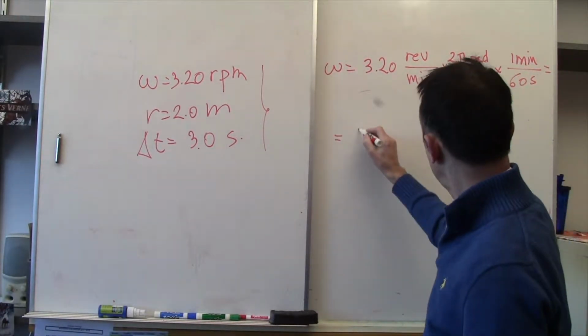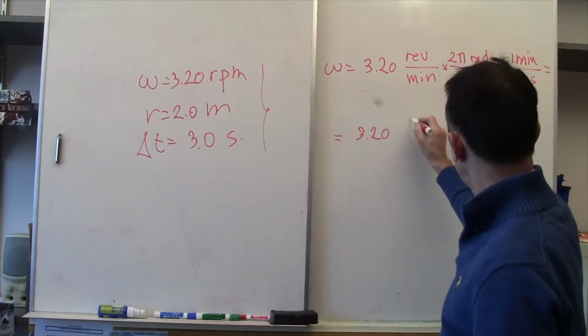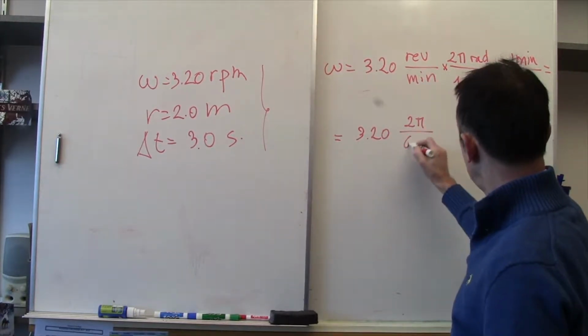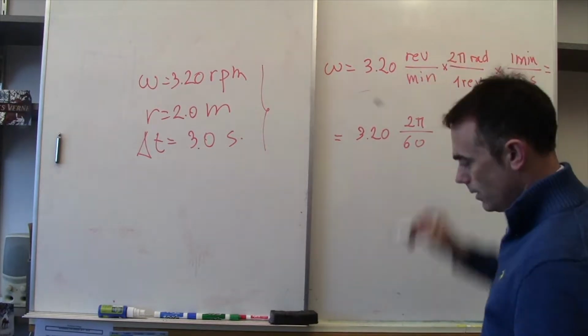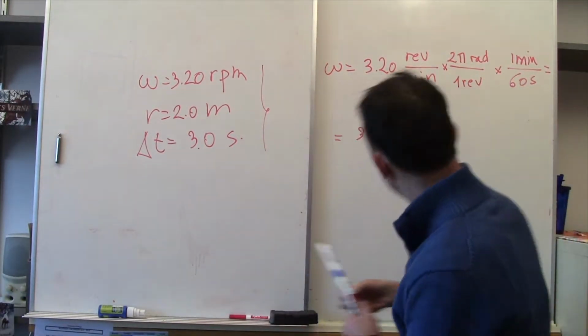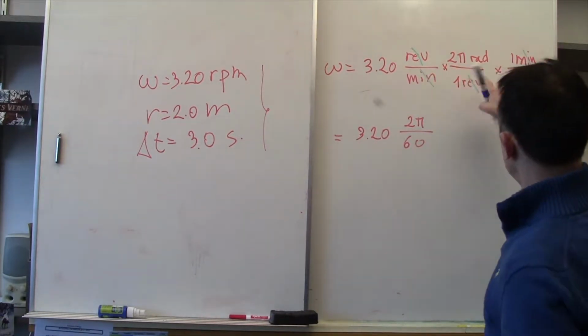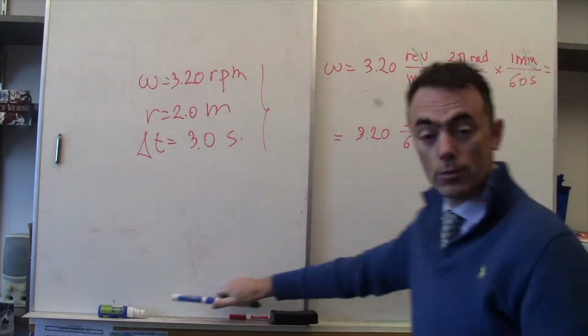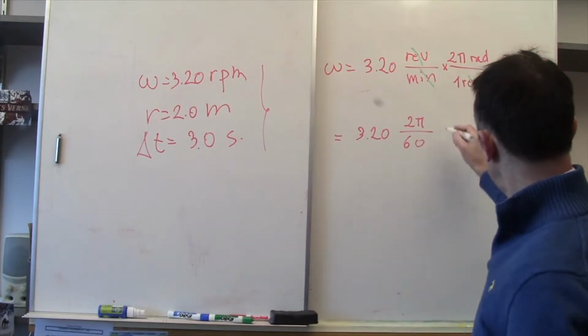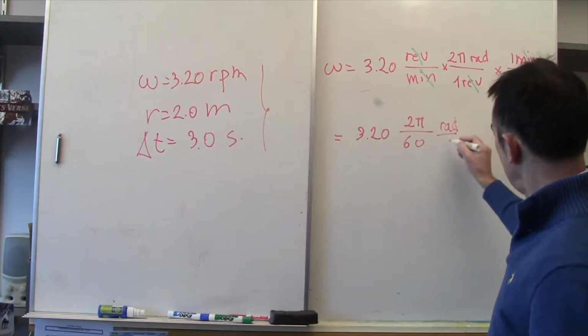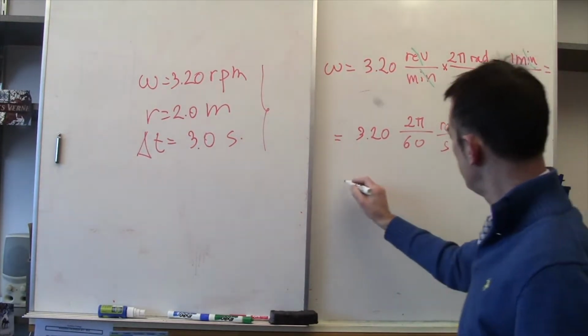So here we have 3.20 multiplied by 2 pi and divided by 60. Revolutions go with revolutions, minutes go with minutes, and I only have radians divided by seconds, which are the units I'm looking for.